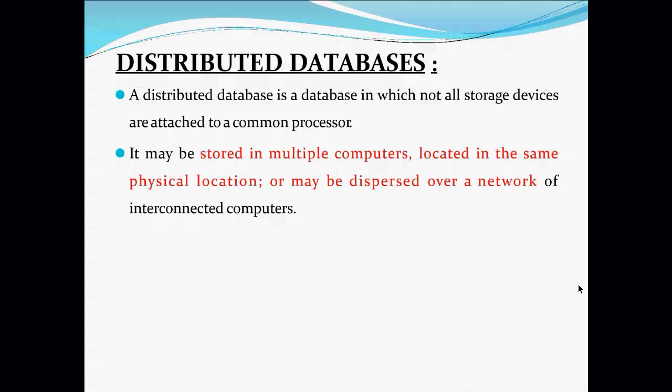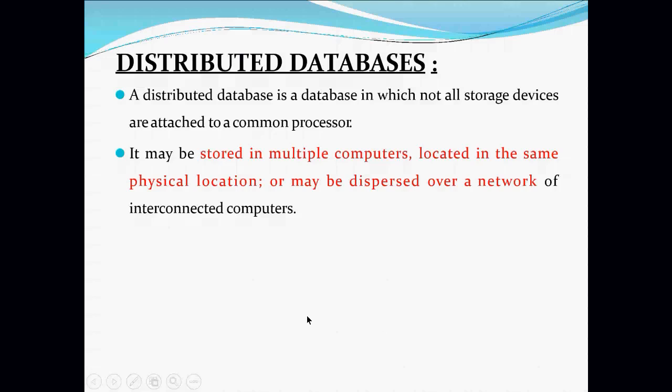When it comes to distributed databases, by the word we can understand that the database is distributed to various sites. A distributed database is a way by which you can either split the database and store it in different locations, or call it sites, or the same database could be replicated and stored in different locations.